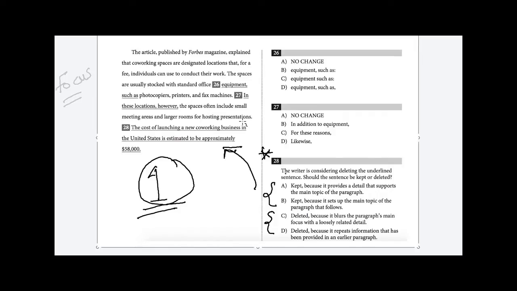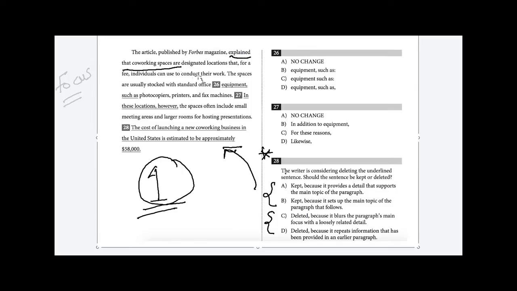Now, if I asked you what is the one thing that this paragraph is about, you would probably say it's about co-working spaces, or the description of co-working locations. So this paragraph is essentially trying to help us understand a little bit more about co-working locations. And we can check; we don't need to make it up. It talks about this article and says it explains what co-working spaces are.